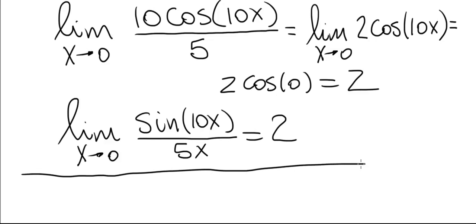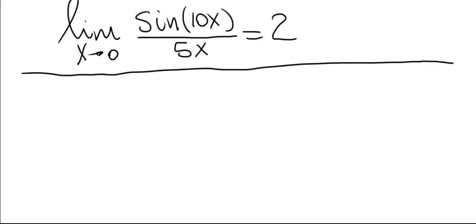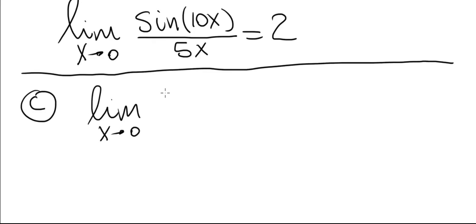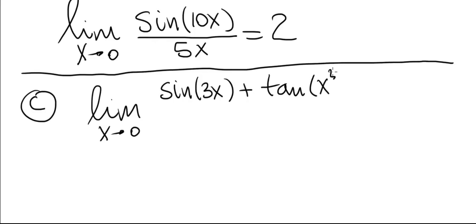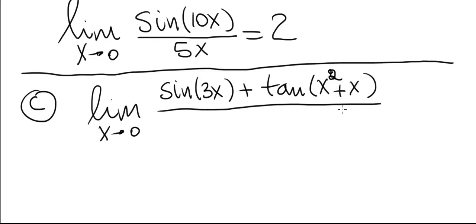Let's go to part C. And part C is a slightly more complicated problem. In part C, we want to evaluate the limit as x approaches 0 of sine of 3x plus tangent of x squared plus x, and in the denominator we have 3x squared plus 2x.